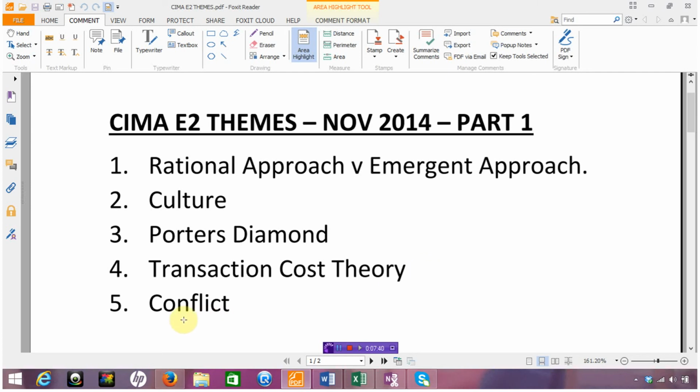Okay. Next one, number 5 here, is again a very, very popular one. Certainly as popular as number 2, culture, conflict, and perhaps the reason this is popular is because conflict is inevitable. Conflict is very, very common in business. I'm sure you've seen it yourself. So in terms of how we could come at this, probably a little bit shorter in terms of volume than the area of culture.